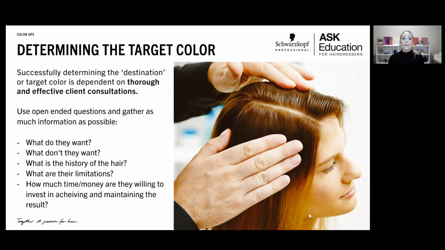Oftentimes, our clients will be bringing in pictures of their dream hair, and we often have to bring some reality to the equation, because it's really looking at what's possible from everything that you've discovered about where you're starting, what can be done that day and what is achievable within that appointment, right?